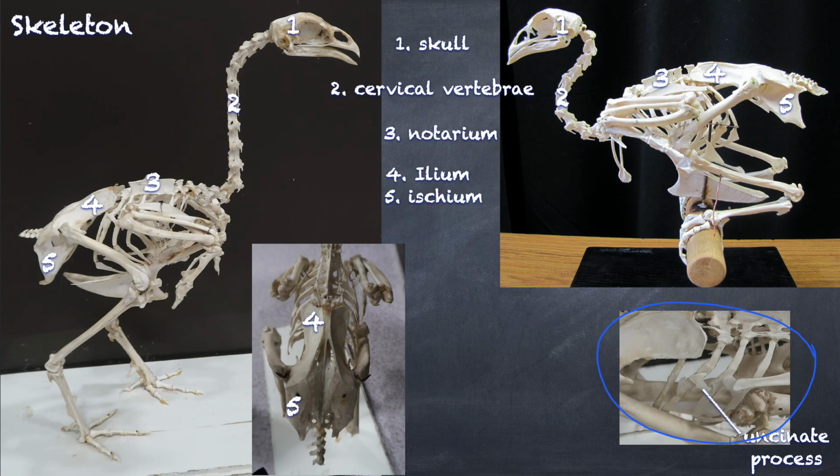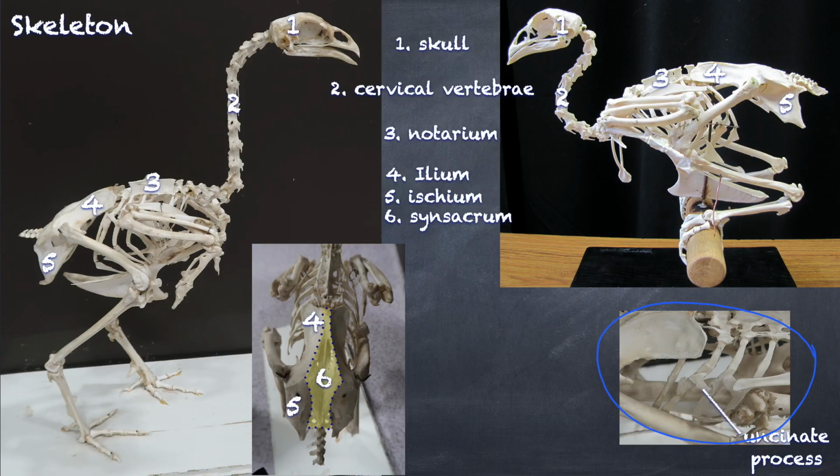But then we have a fusion of the last thoracic vertebra, as well as the lumbar vertebra, the sacrum, and the first few caudal vertebrae. And this forms a structure that we know as the synsacrum. So we see here that the pectoral girdle is very large and strong and firmly attached to the body, and it's virtually immovable.